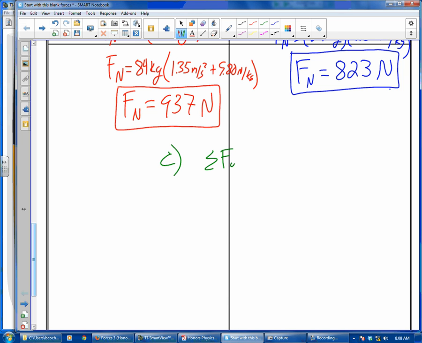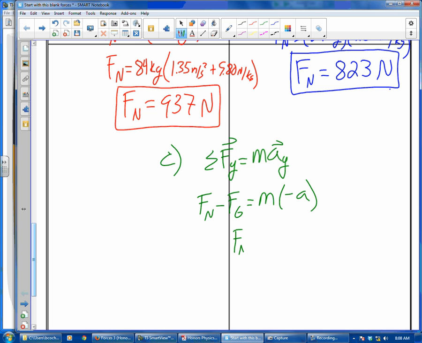Start the exact same way. Kind of nice only having one equation. In this one, force normal is up. The weight is down. Equals M times negative A. Alright? The acceleration is now downwards.